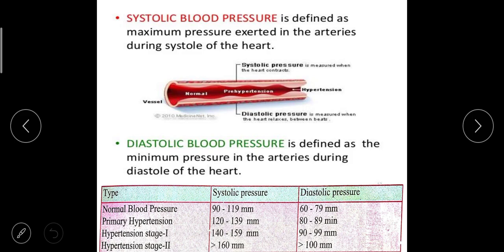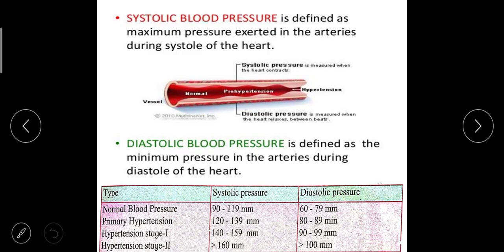Systolic blood pressure is defined as the maximum pressure exerted in the arteries during the systole of the heart. The pressure applied in the arteries during relaxation is known as diastolic blood pressure.